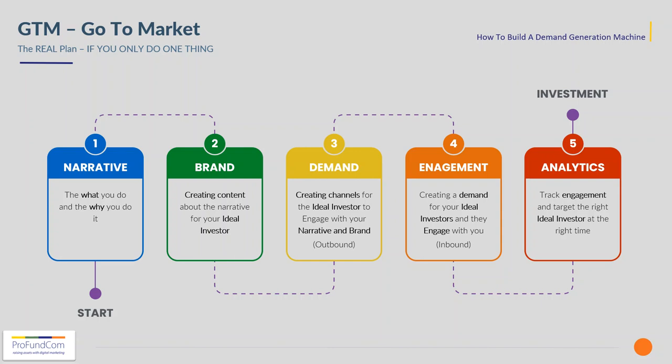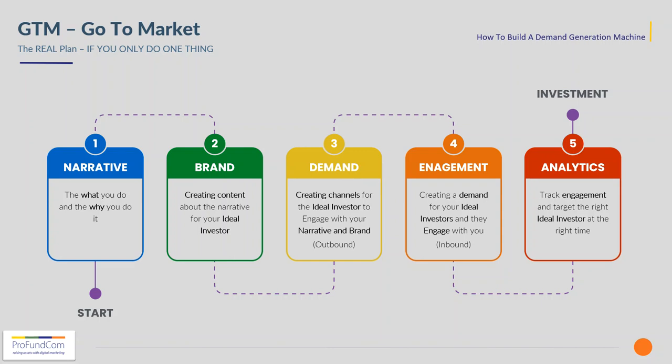Whilst it can be a challenge for marketers to break things out into procedural steps, it's absolutely worth it because it helps focus the mind on your narrative, your brand, your demand generation, your engagement, and your analytics, which are the 5 distinct steps of a go-to-market strategy.